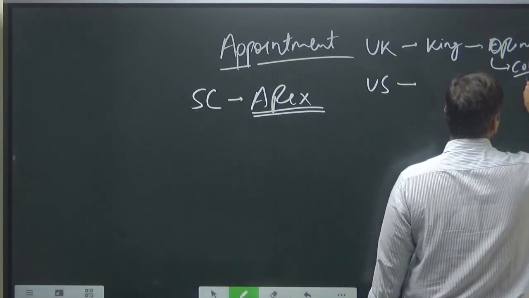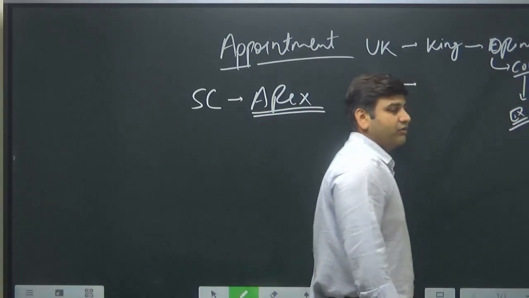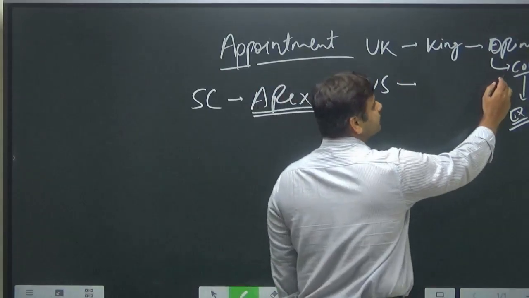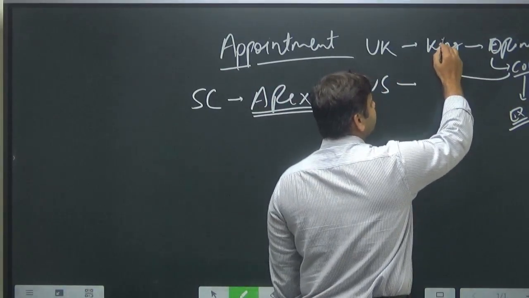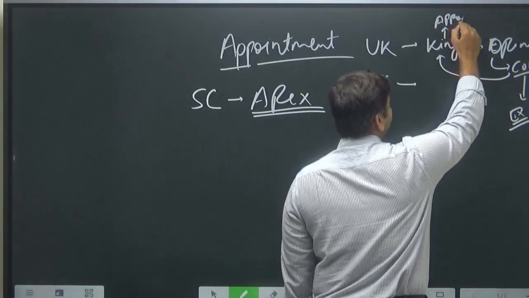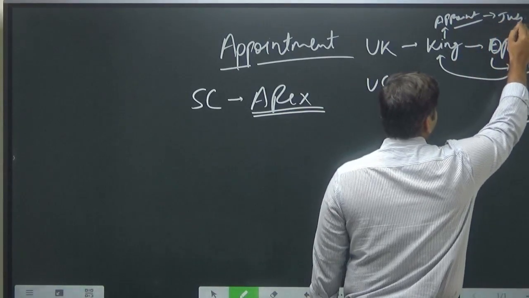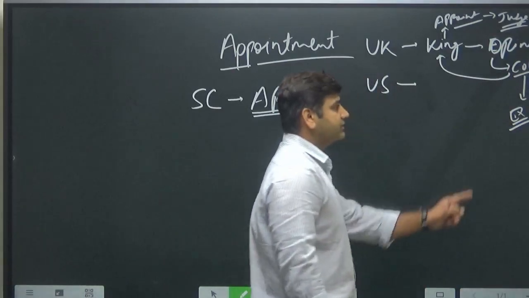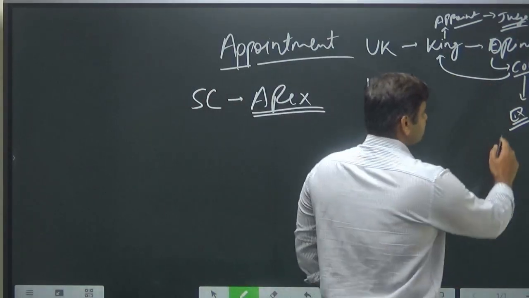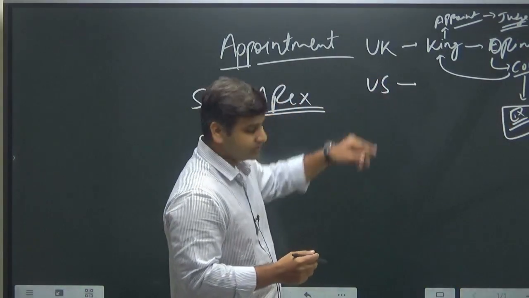That simply means the executive holds a great power in appointment of judges. The Council of Ministers sends a name to the king, and the king has to appoint that person to the post. So, there is no check and balance in this case. The Council of Ministers, which is the executive, holds the total power in its hand to appoint the judges.